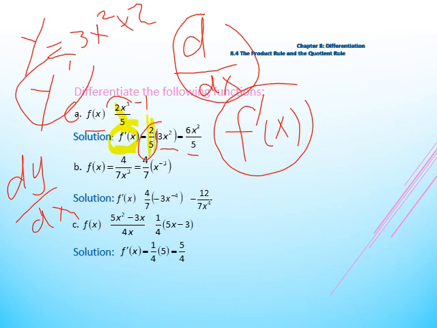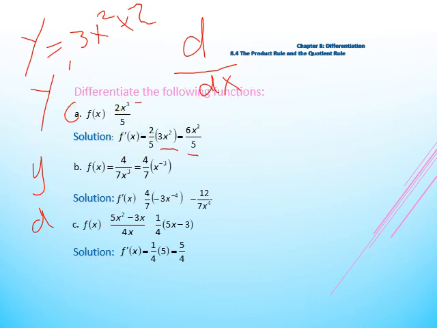Another example, part B: f of x equals 4 over 7 times x to the power 3 in the denominator. This means 4 over 7 times x to the power negative 3 by using the power rules. So we simplify the function as much as possible and then get the derivative.